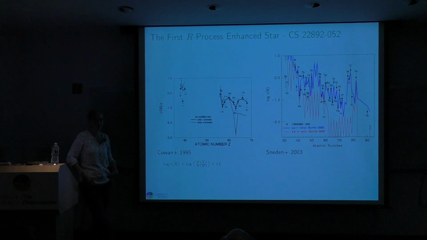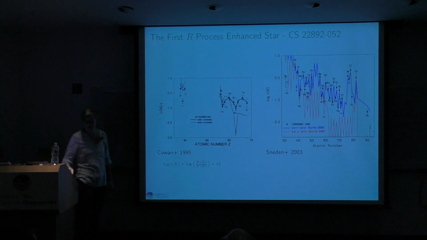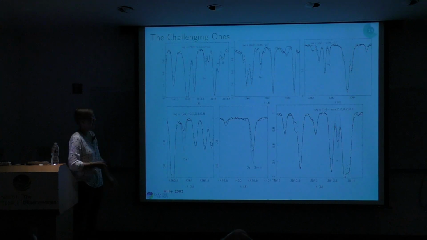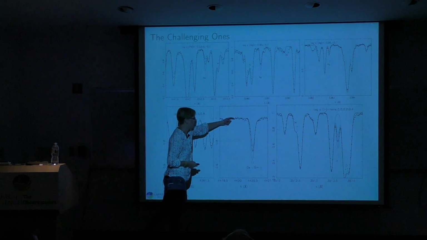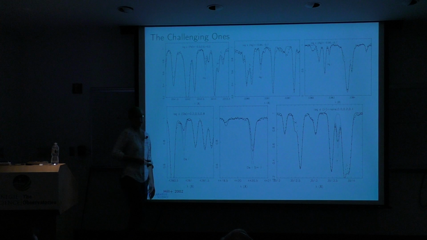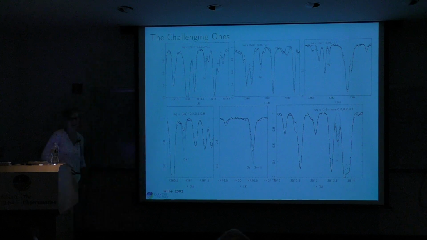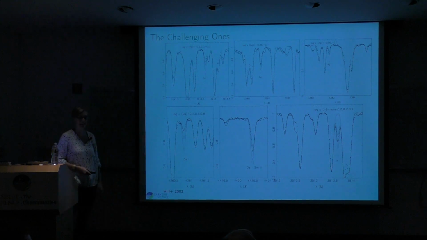Or each person's vision, when you look at the lines, you say, okay, I think the continuum is here, and somebody may put it a little bit higher or a little bit lower. It should be standardized, but it's not.